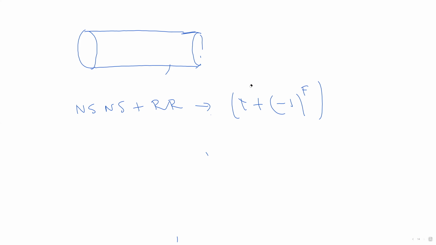Then you don't look only at states that are GSO invariant. You consider everything. The GSO projection you can think of as first considering all the states, and then applying the projection of 1 plus (-1) to the F. Now you are saying that that is the final complete answer, and that is 0. But you can take that complete answer and ask what will happen separately when you calculate 1 and (-1) to the F.